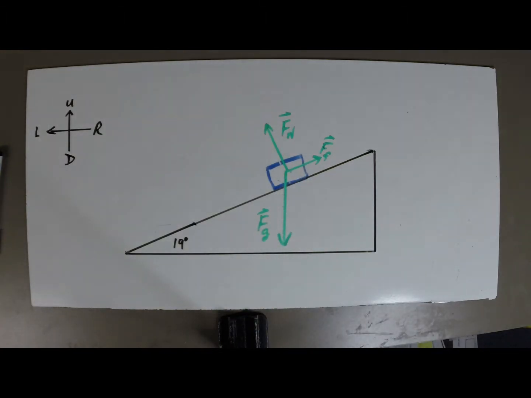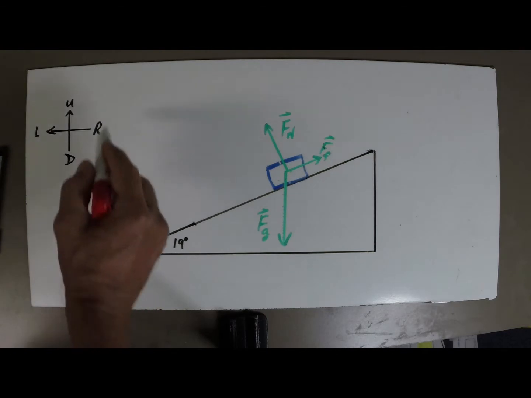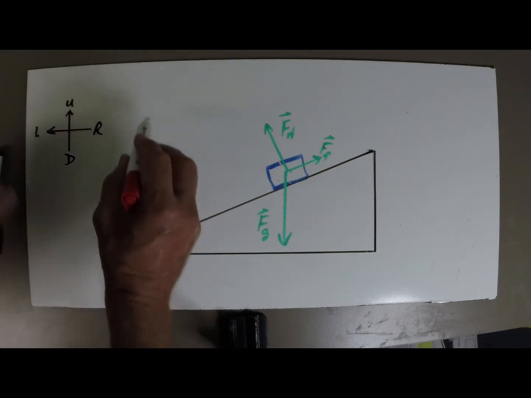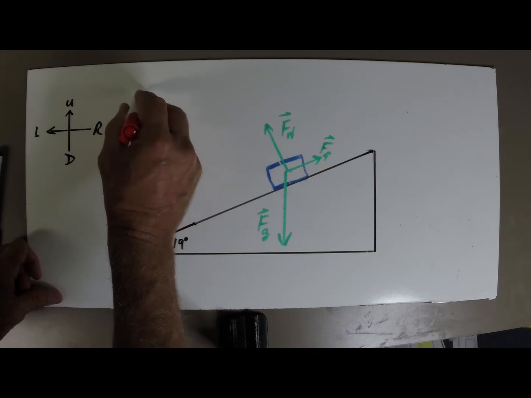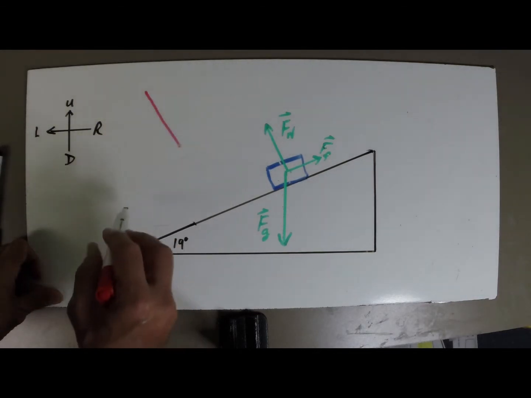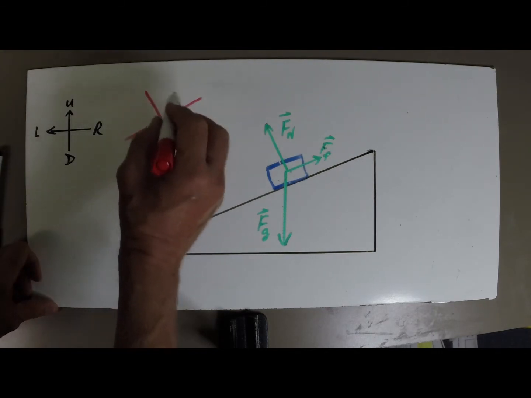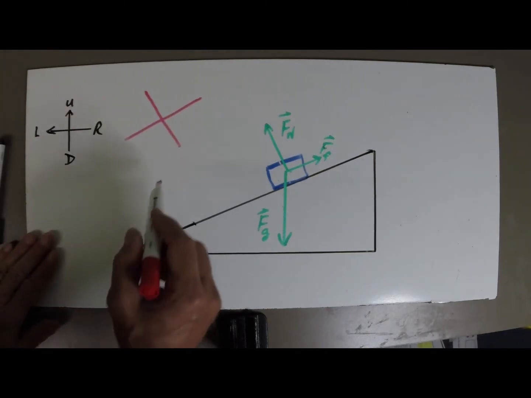Now, the trick to solving a slope problem is to change our frame of reference, change our coordinates, so that we are lined up with the slope itself. So instead of using this one, we're going to be using a new coordinate system which is perpendicular to the slope and along the slope. Generally we don't have good names for those.